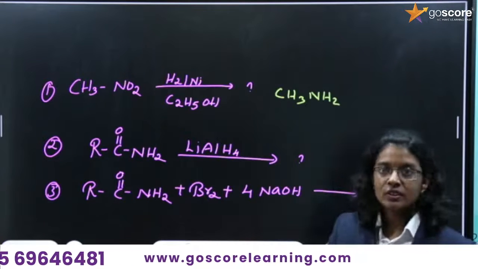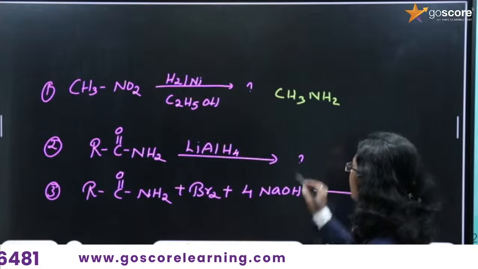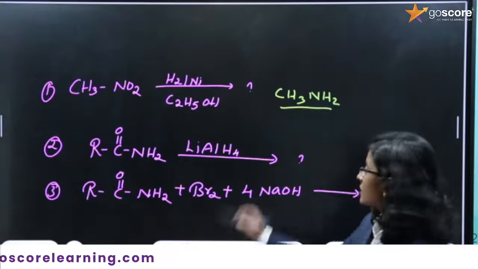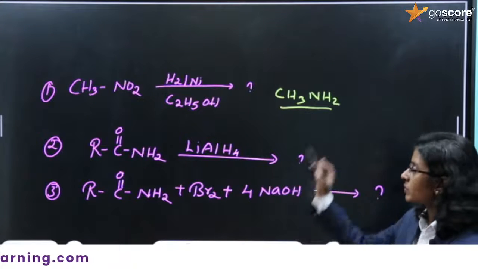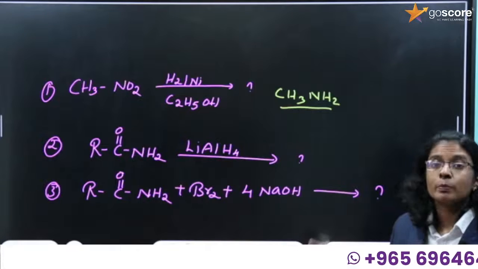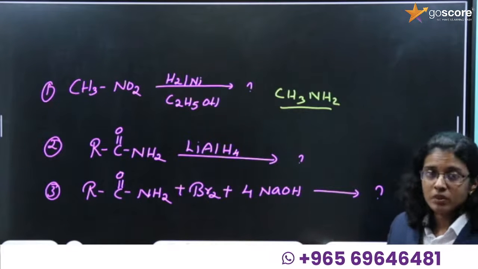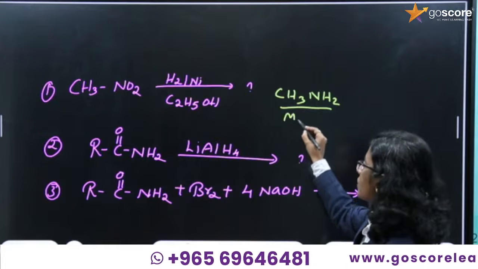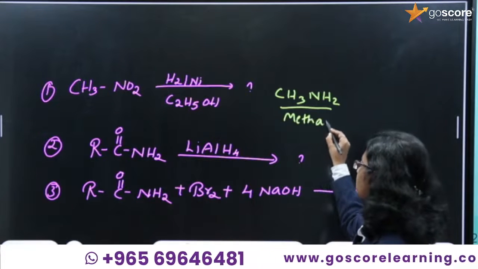Can you comment the name of this compound? This is a primary amine. If it is a primary amine, what will be the IUPAC name? Alkanamine. Then the naming will be methanamine.